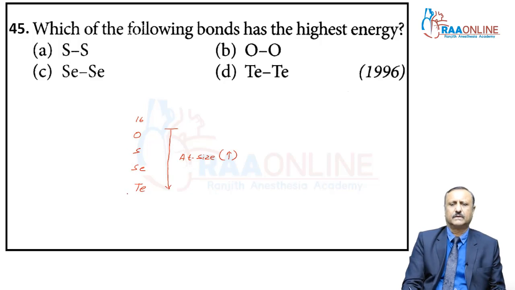But except for oxygen, my dear students, sulfur has the highest energy. So sulfur has the highest energy in a single covalent bond. So sulfur forms S8, and this is also called the catenation property. So S8 shows the catenation property here.